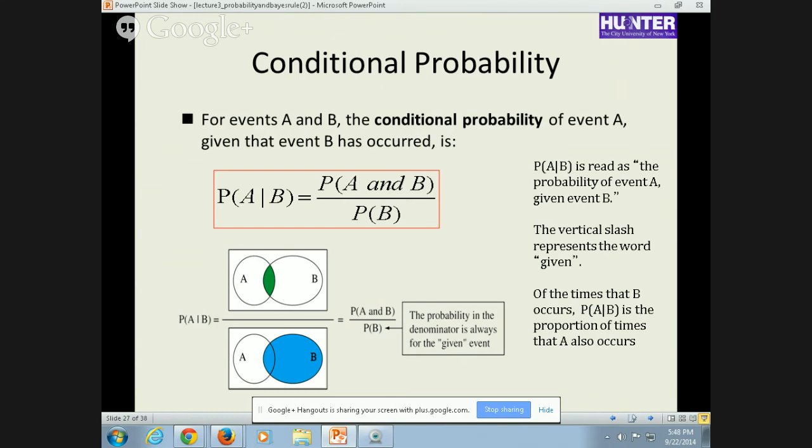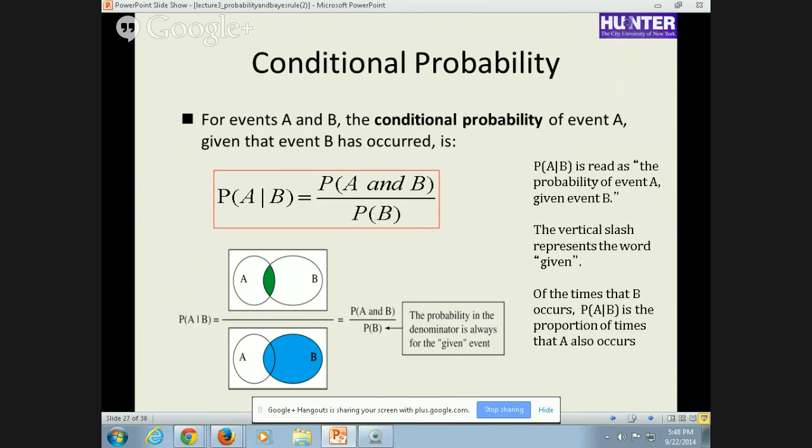An example could be the probability of having chlamydia given that you have heart disease. If those are independent events, that will just be equal to the probability of having chlamydia. If they're not independent, then this will be the relationship.